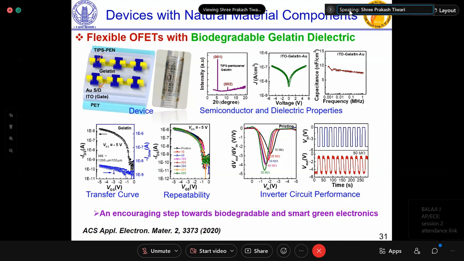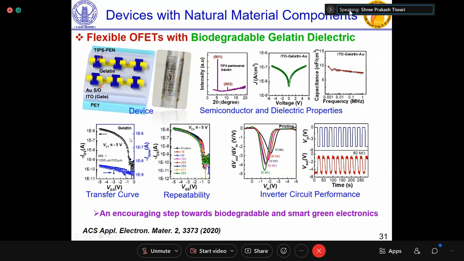Okay. So then in that case, what was happening? We fabricated the devices with gelatin dielectric, the same device on ITO PET. And then we characterized it for crystallinity, then what is the leakage, then what is the capacitance density. Okay, so all these things we tried to characterize.